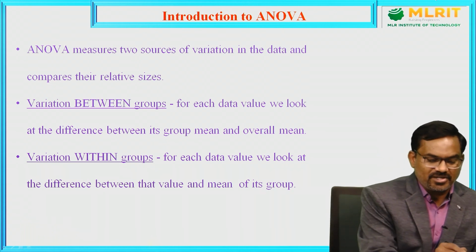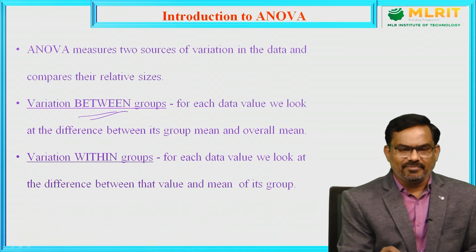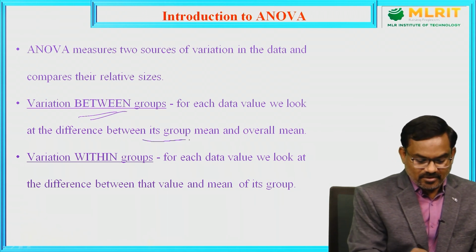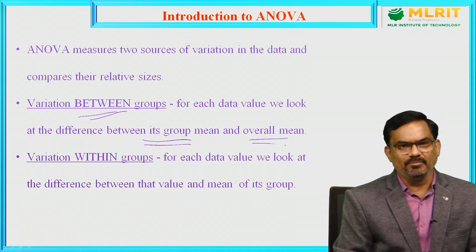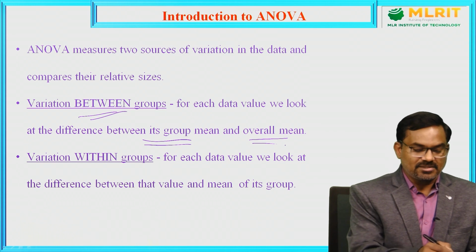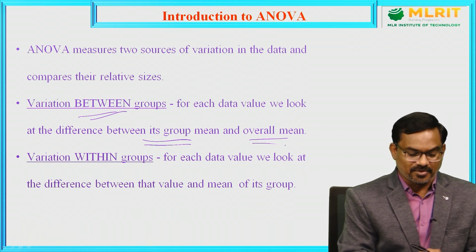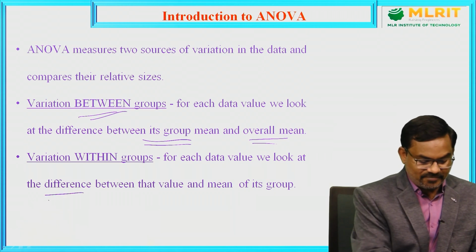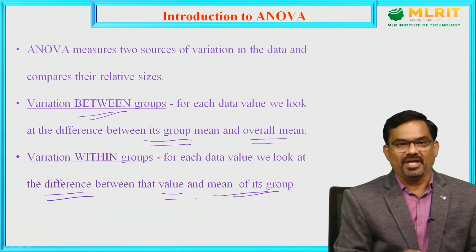In variation between groups, for each data value, we look at the difference between its group mean and the overall mean. That comes under between groups. Similarly, in variation within groups, for each data value, we look at the difference between the value and the mean of its group, the actual value and the mean of the whole group.